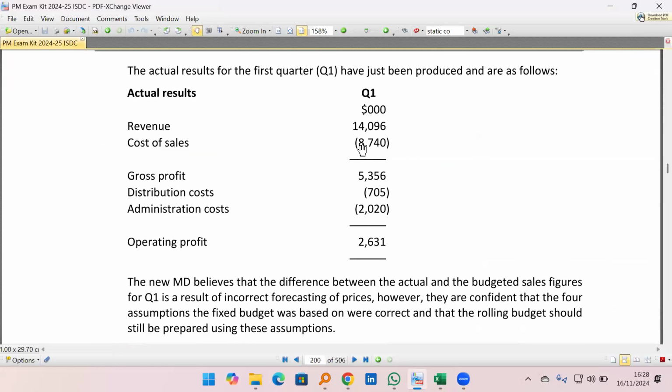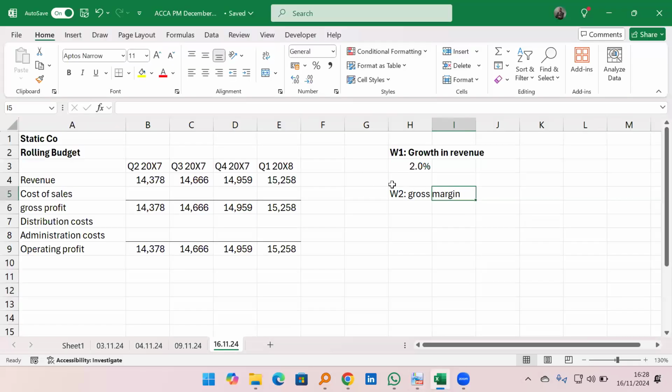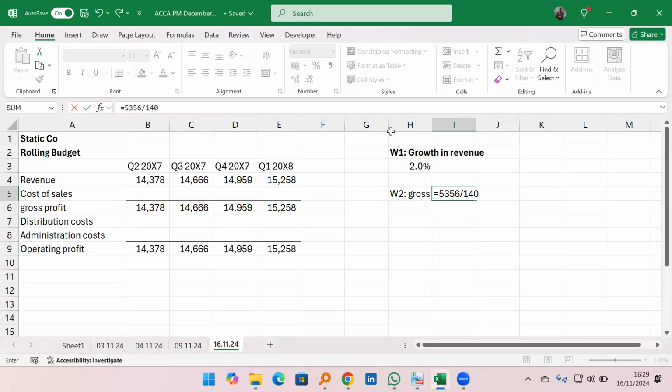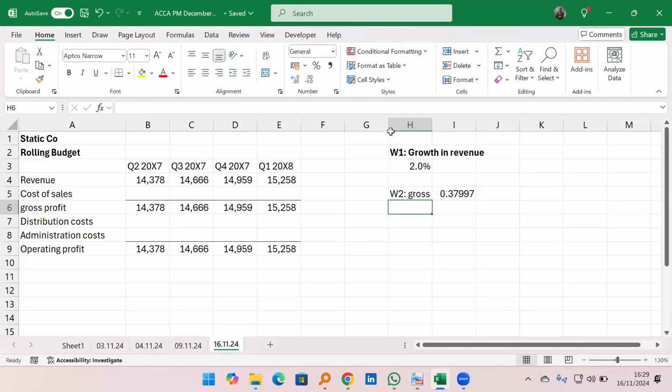So if this gross profit is 5,356, then you divide this one by 14,096. That should give you about 37% or 38% gross margin.